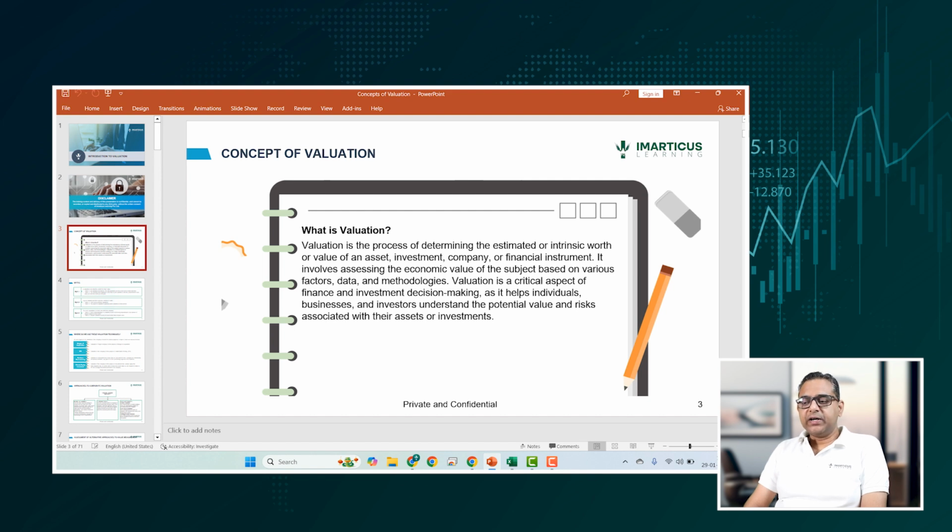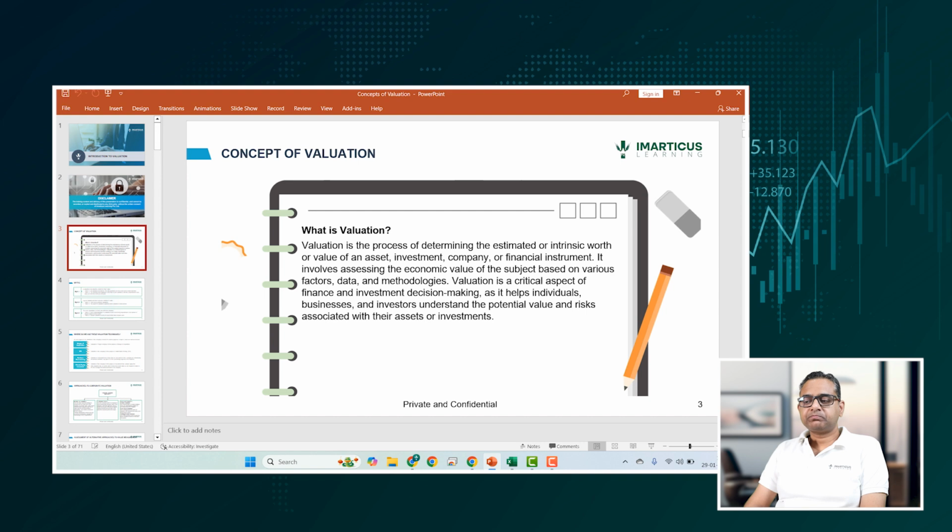Valuation is the process of determining the estimated or intrinsic worth or value of an asset, investment, company, or financial instrument. It involves assessing the economic value of the subject based on various factors, data, and methodologies. Valuation is a critical aspect of finance and investment decision making, as it helps individuals, businesses, and investors understand the potential value and risk associated with their assets or investments.